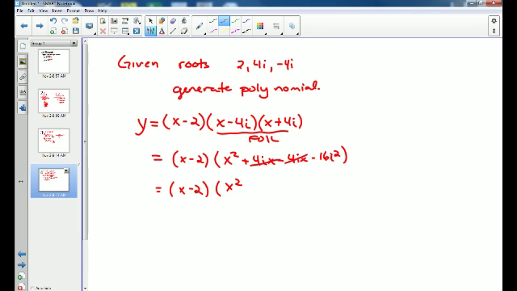Plus 4ix and minus 4ix, and then that is negative 1, correct? i squared is negative 1. I told you that you have to square.